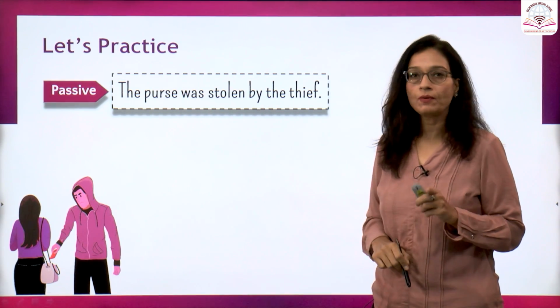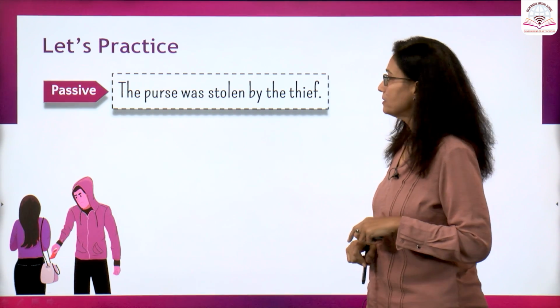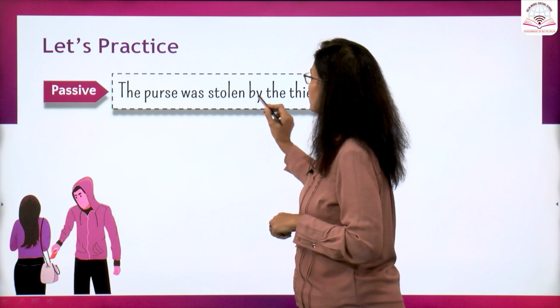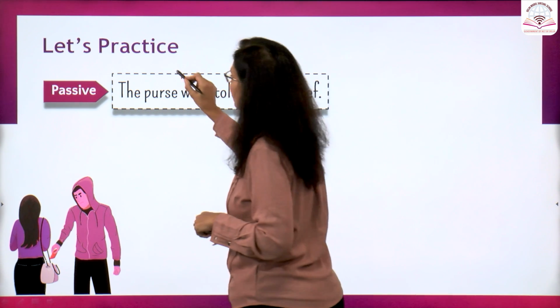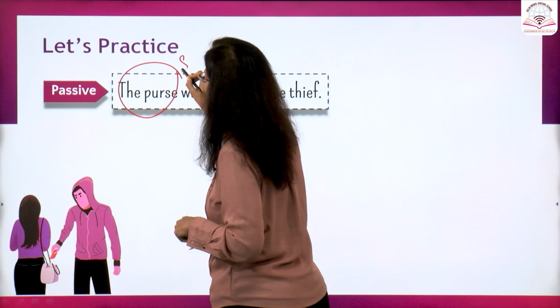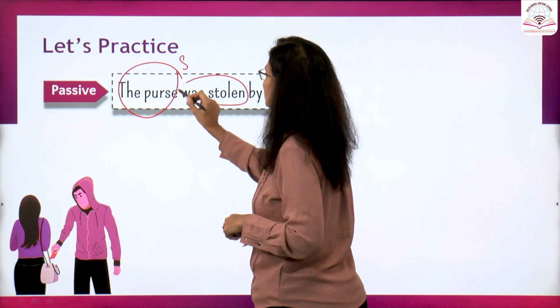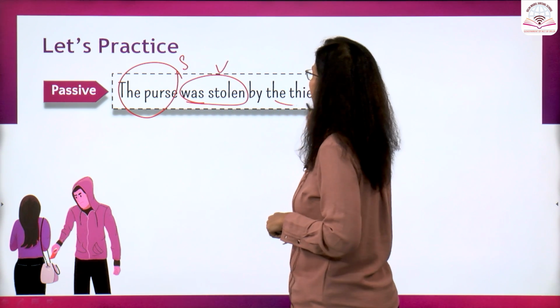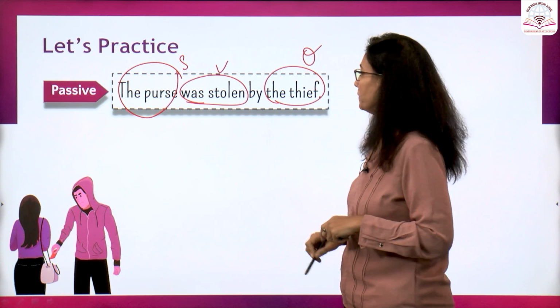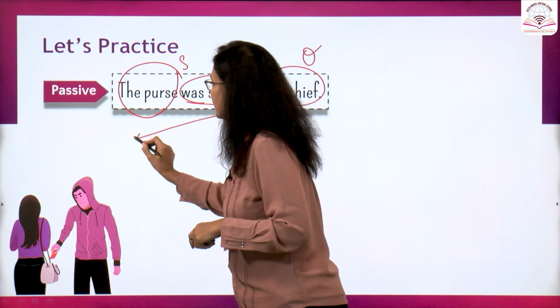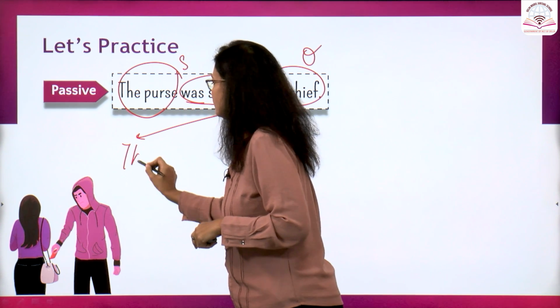It's time to do some practice. So the first practice sentence is the purse was stolen by the thief, right? Starting with identification, this is the subject, was stolen is the verb and the thief is the object. Let us move ahead. The thief becomes the subject.